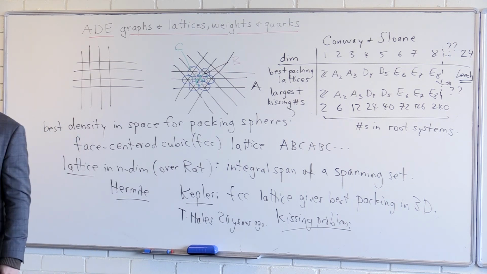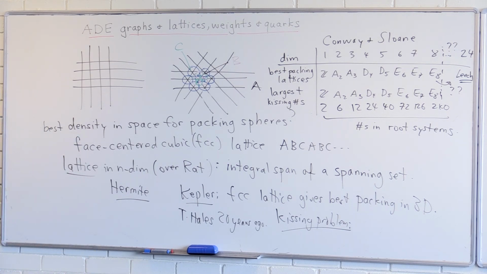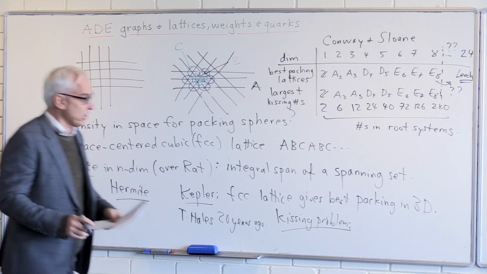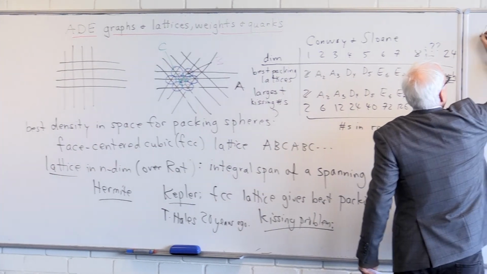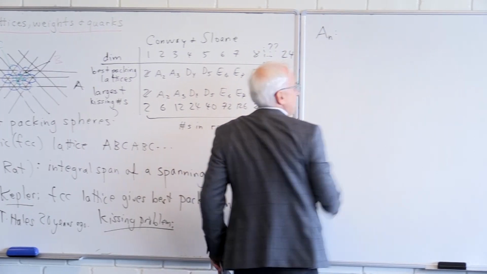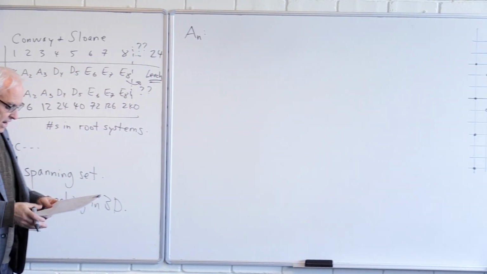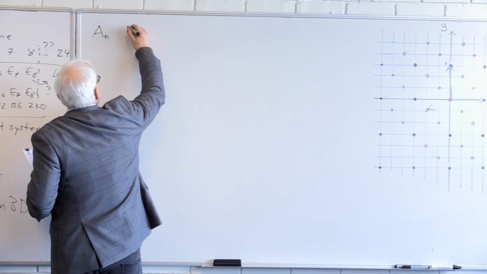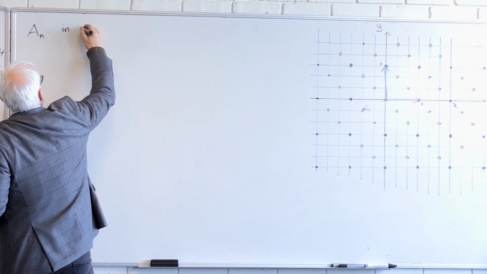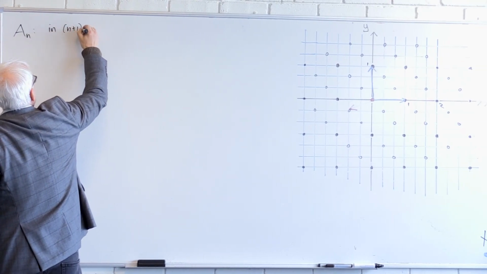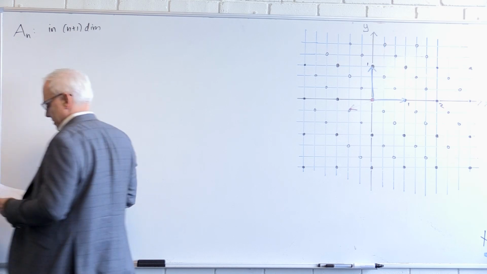So let me tell you about the lattices. So what are these lattices actually? So independent of playing mutation games, you can just define the lattices. So AN actually turns out to be most easily describable in n plus 1 dimensions.